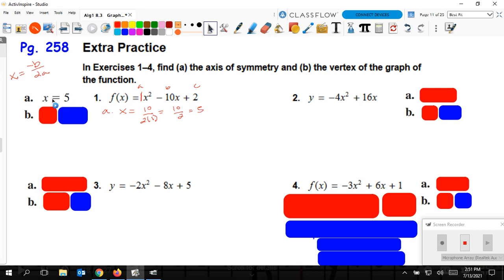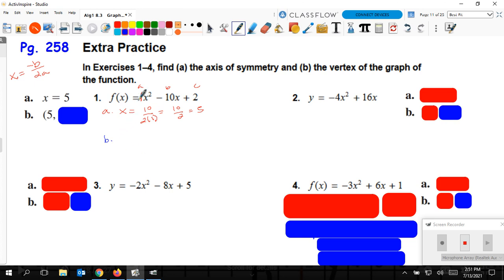Now that axis of symmetry is also the same number as the x-coordinate of the vertex. So for letter B, we already know the first part is 5 comma whatever the y is. So now we have to figure out what the y is for the vertex, that highest or lowest point.